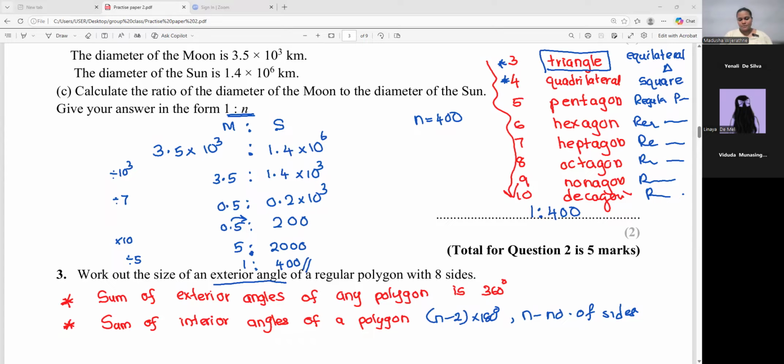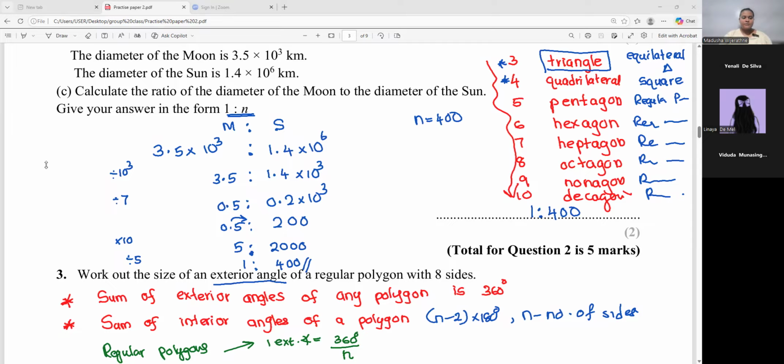This is for regular polygons only. For regular polygons, one exterior angle is equal to the sum of exterior angles, which is 360, divided by n, the number of sides.